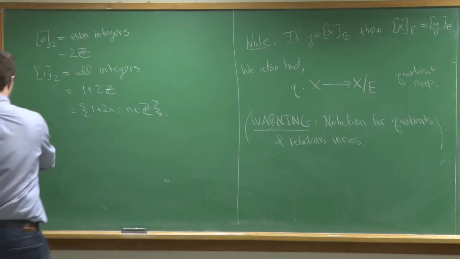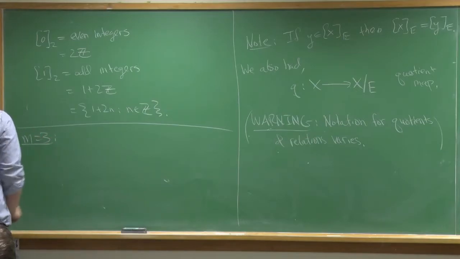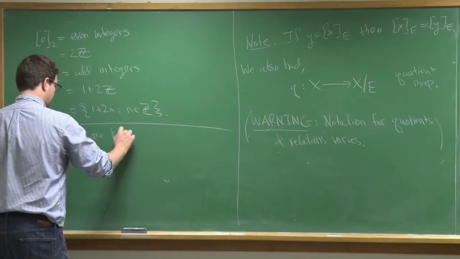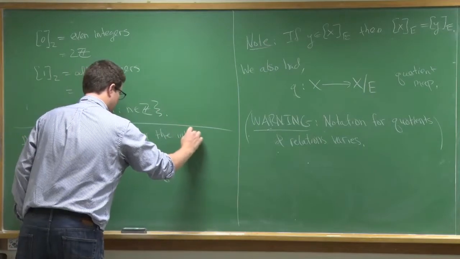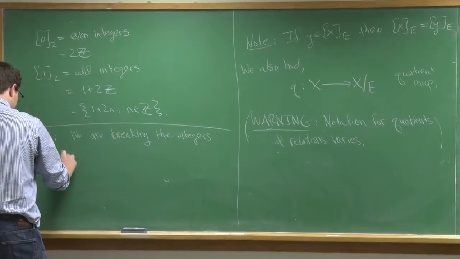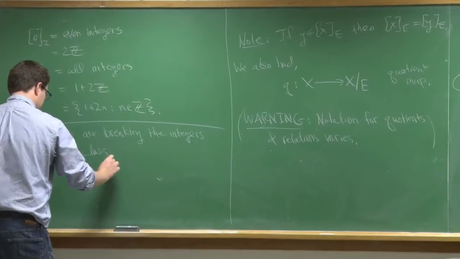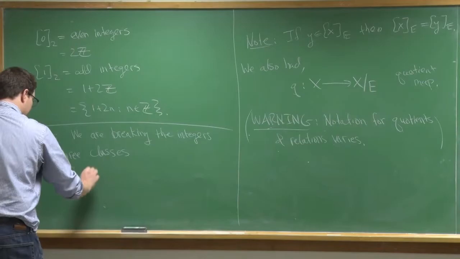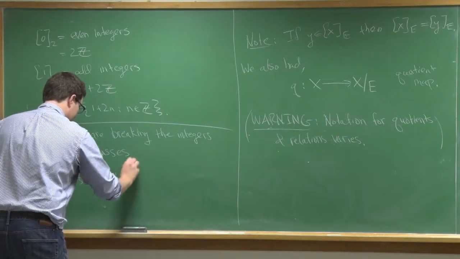So for m equal to 3, we are breaking the integers into 3 classes. We have the 0 class, the set of x in Z such that 3 divides x.